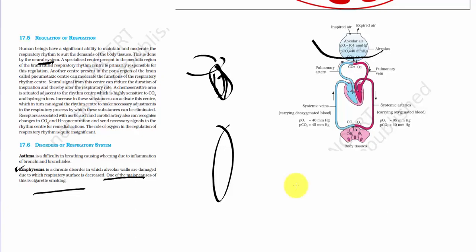The heart then pumps the pure blood to the cells, and all this pure blood is carried through arteries. The impure blood is carried through veins, from the cells to the heart, and then from the heart to the lungs, where it is exchanged and CO2 is released into the atmosphere.